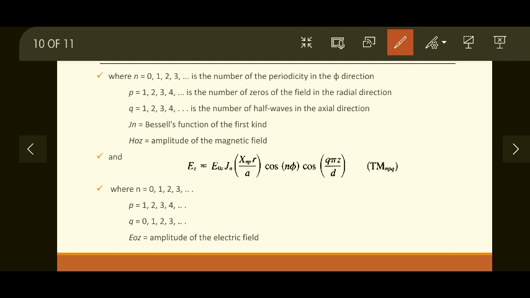Jn is the Bessel function, H0z is the amplitude of the magnetic field, and for TM mode you have to calculate Ez. Again, for the Bessel function, its root can be found out. Now here x np is given, which is a root of Jn, not Jn dash. That is a slight difference. Again, the convention is the same for denoting the equation.